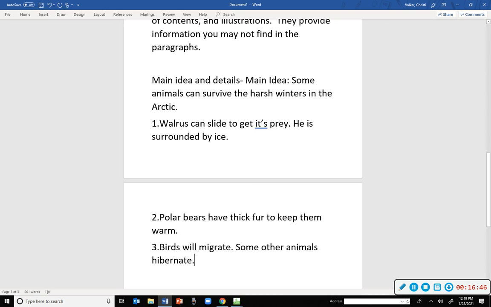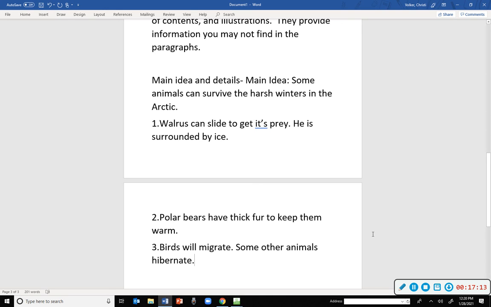So if you're sleeping, you're not burning any calories. Okay? Because it's really hard to find food when it's that cold. When you're walking, moving, you're burning calories, which is fat. So the bears hibernate, so they're not burning all those calories. They store them up.